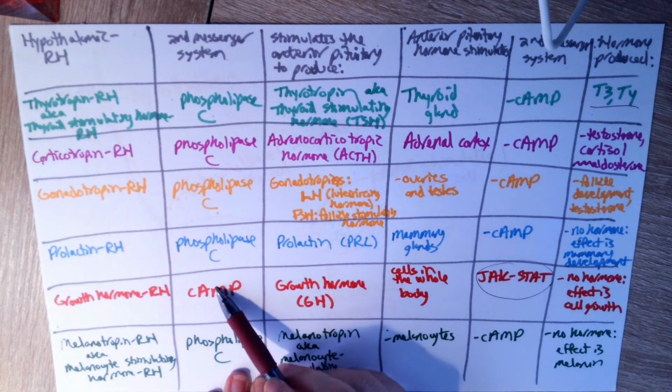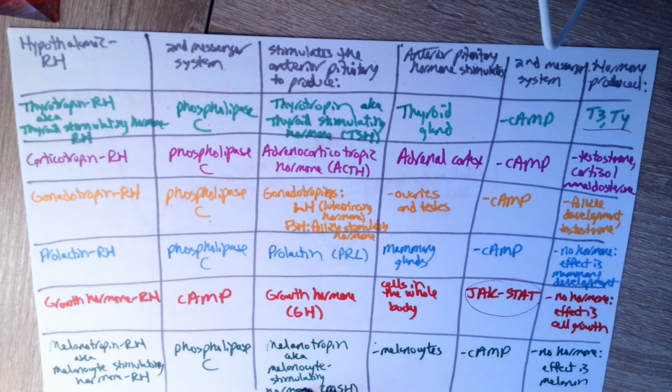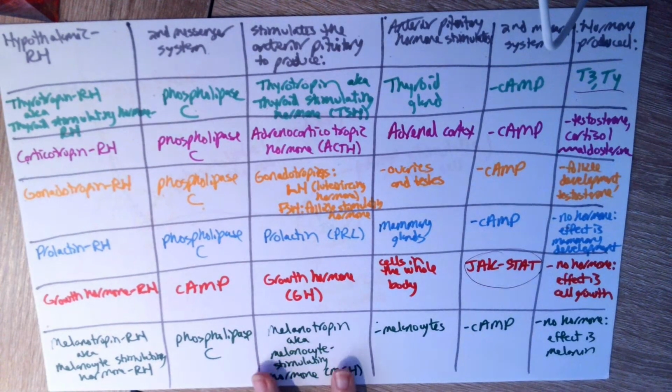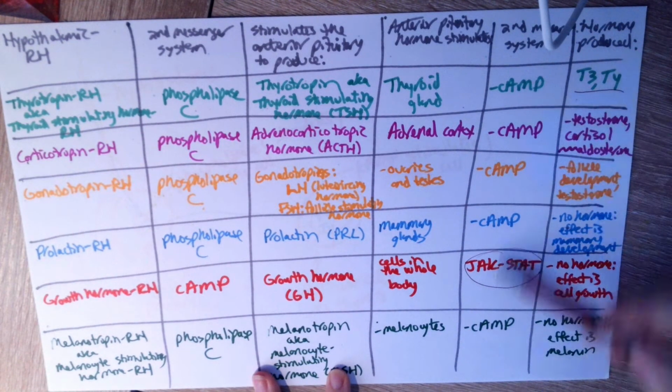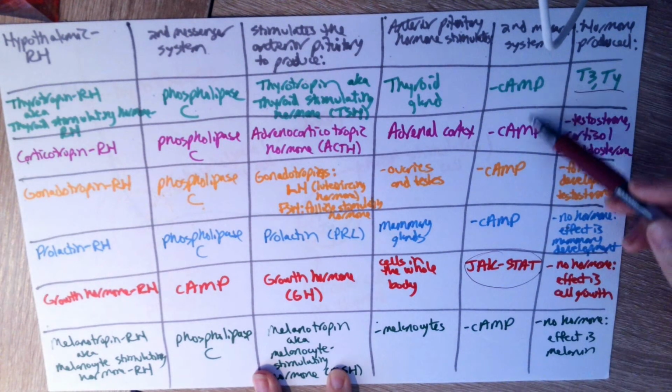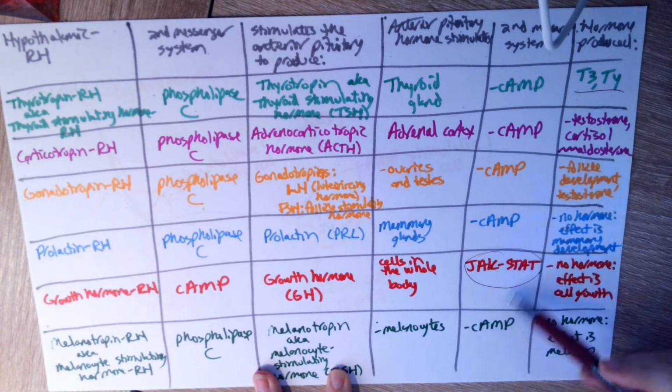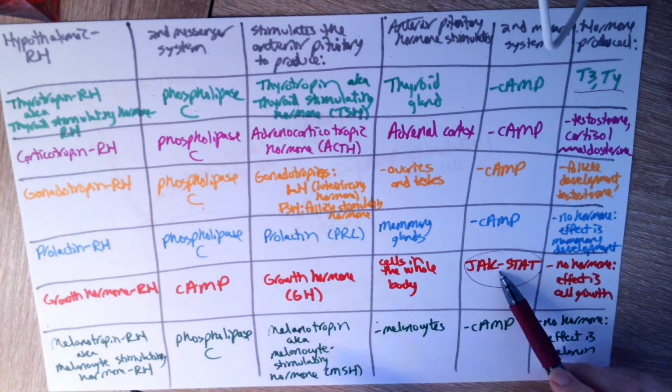That one uses cAMP. Now we'll take a look at the anterior pituitary hormones in this column right here, and then look at their second messengers. You'll see down the line, cAMP, cAMP, cAMP, cAMP, cAMP, all the way down, except for, again, growth hormone. That uses that Jak-STAT thing that we're about to talk about.